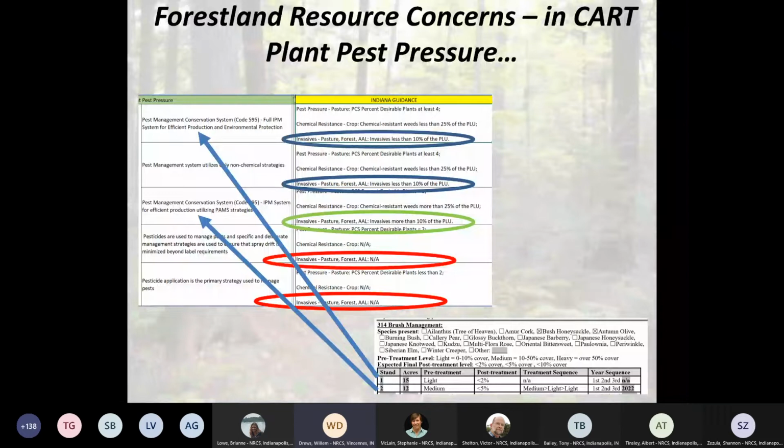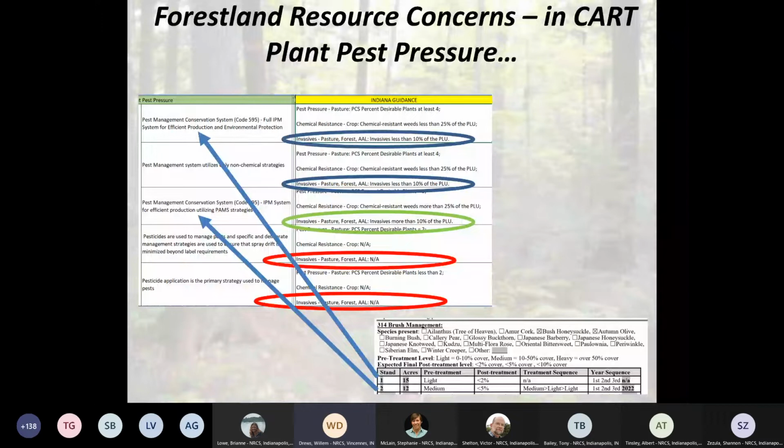I could see how that would be confusing for some planners to select that immediately, because a lot of our invasive plants, herbicide applications are the primary strategy used to manage them effectively.